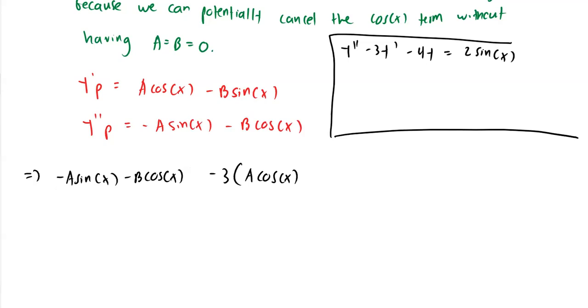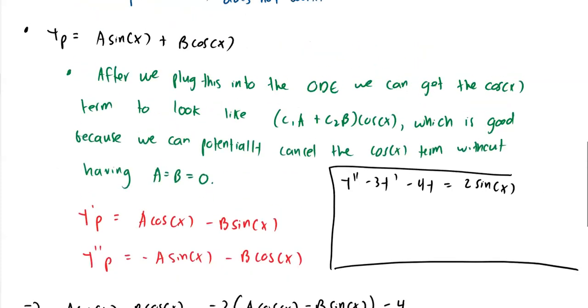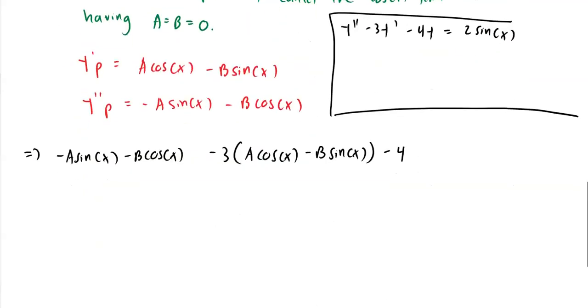We don't really need them. And then we need minus 4y. Y was A sine x plus B cosine x. So minus 4 times A sine x plus B cosine x. Right? And all this should be equal to 2 sine x.